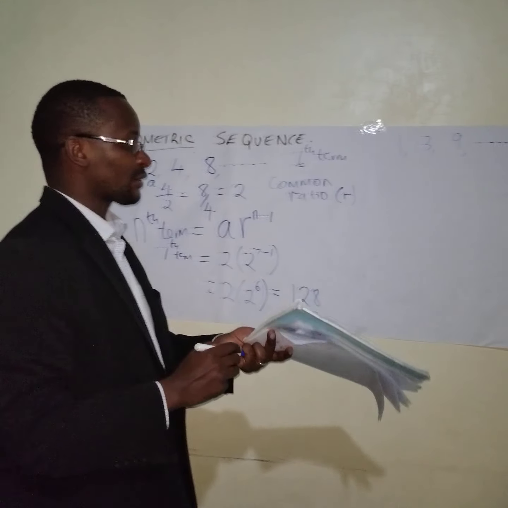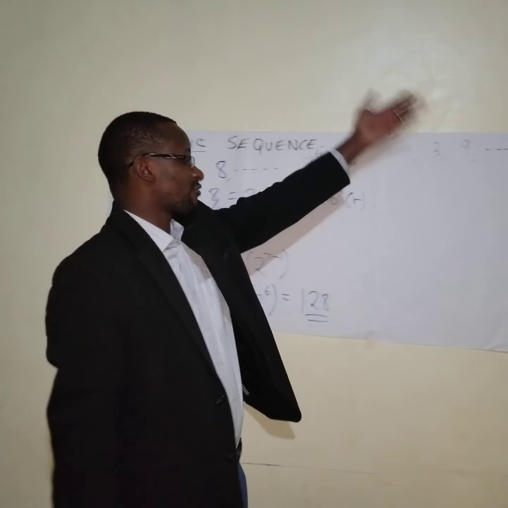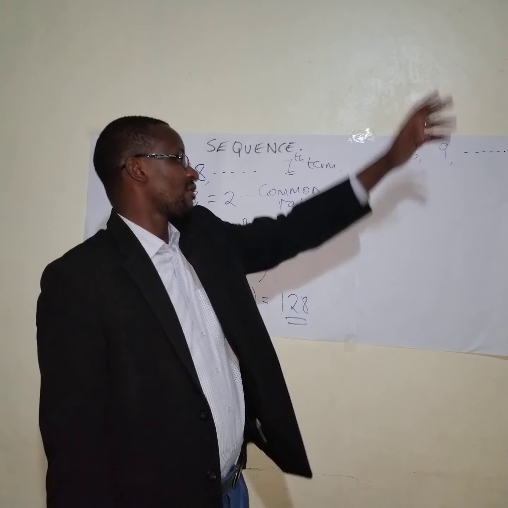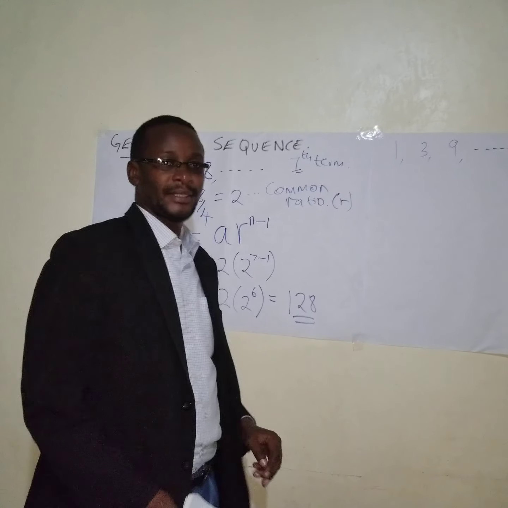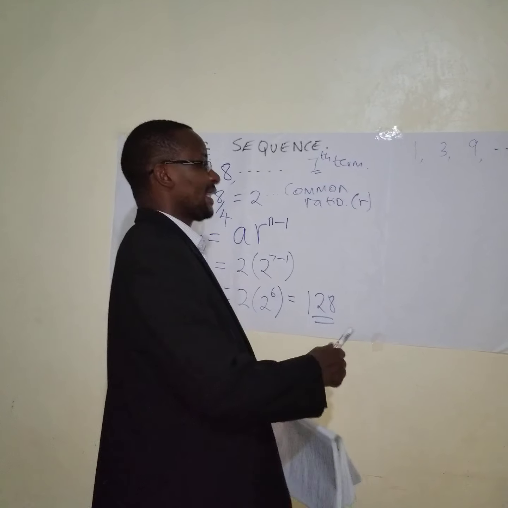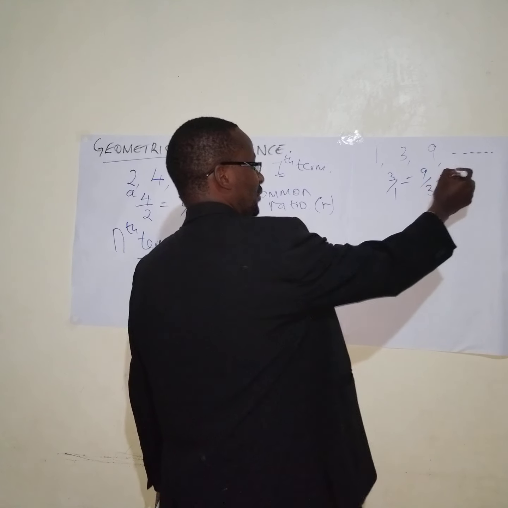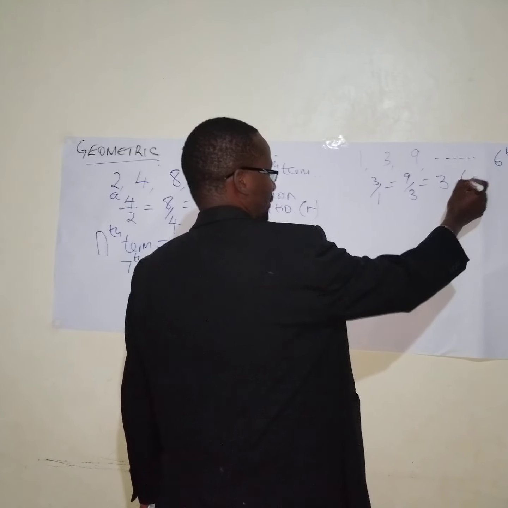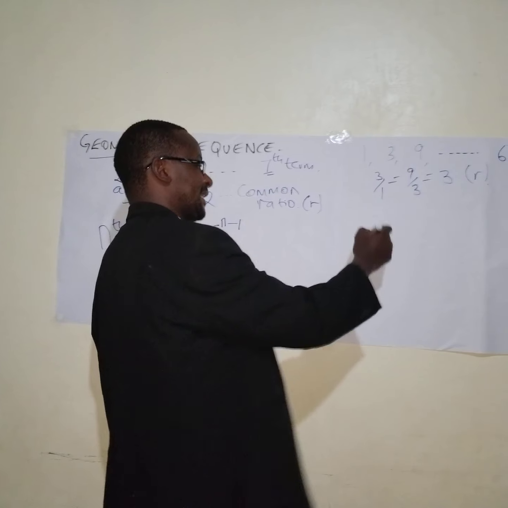The first thing you do is to check whether it is an arithmetic or geometric sequence. You can try arithmetic and you find that there's nothing you're going to add to get from 1 to 3 to 9. But if you try geometric, you find that 3/1 is the same as 9/3, which is 3, and that's our common ratio. So for the 6th term, n is 6.